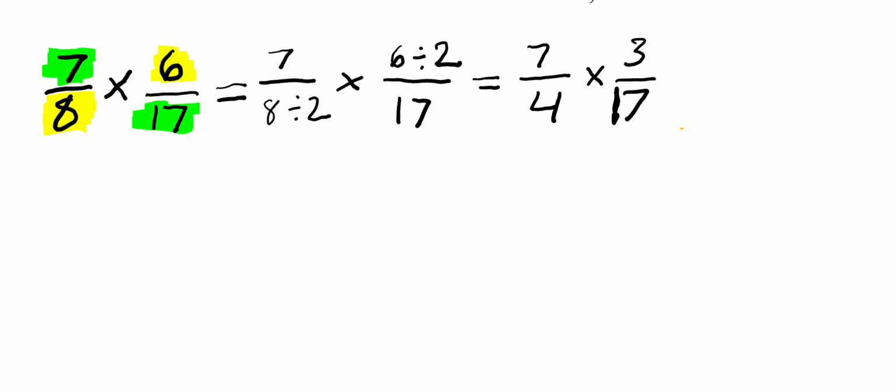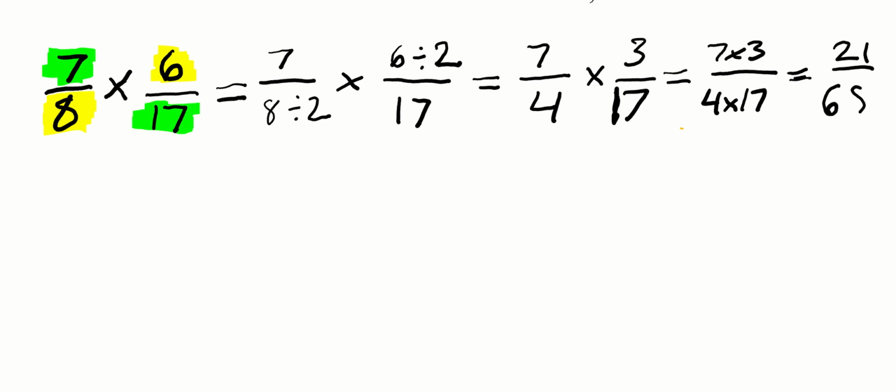But there it is. We could then multiply. We know the numerator is 7 times 3, and our denominator is 4 times 17, which means our end product is 21 over 68.